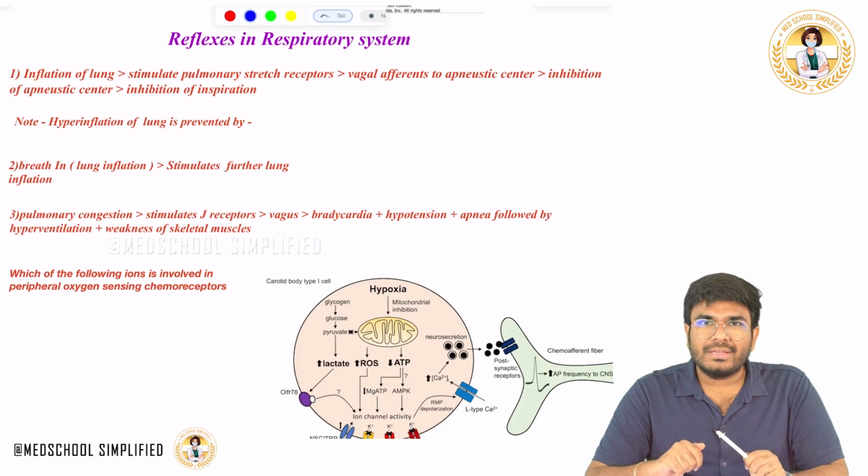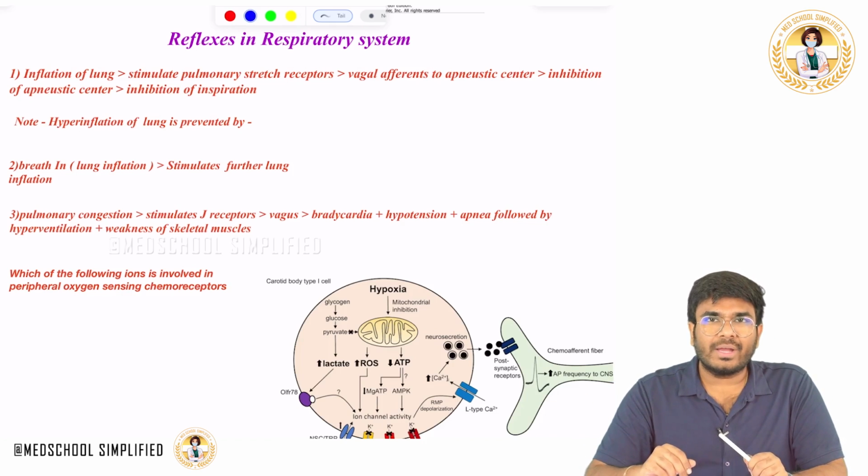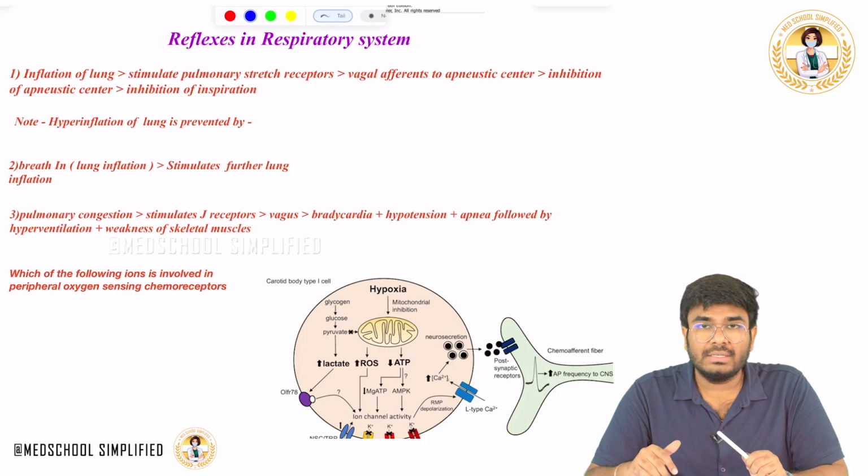Stopped. See, there is someone trying to prevent the hyperinflation of lung. Otherwise, if there is hyperinflation of the lung, there is a chance that your alveoli will rupture, your lung will rupture. It's not good.